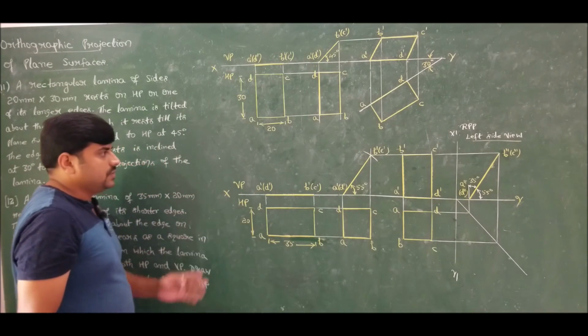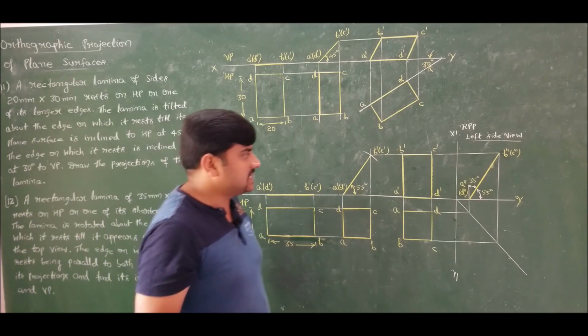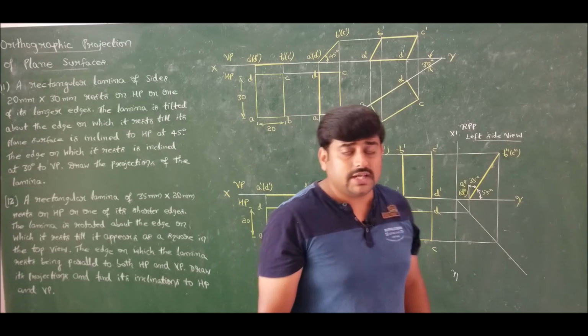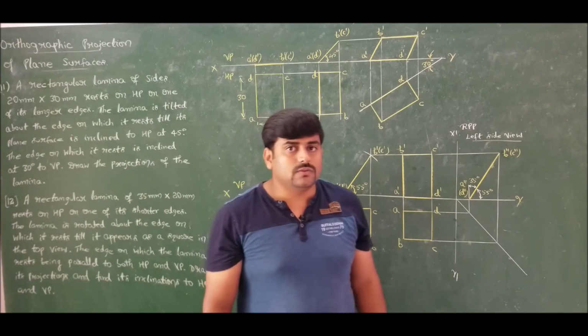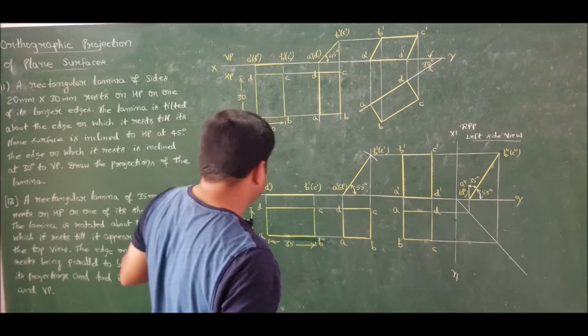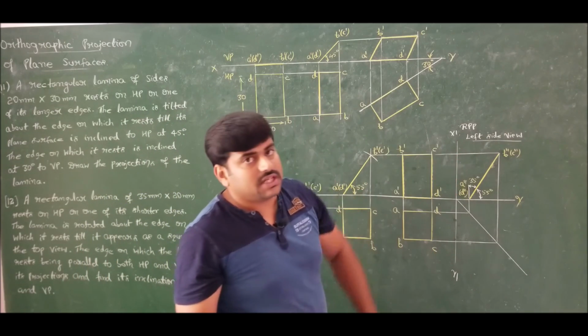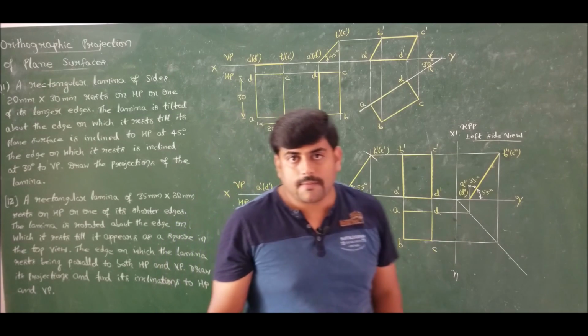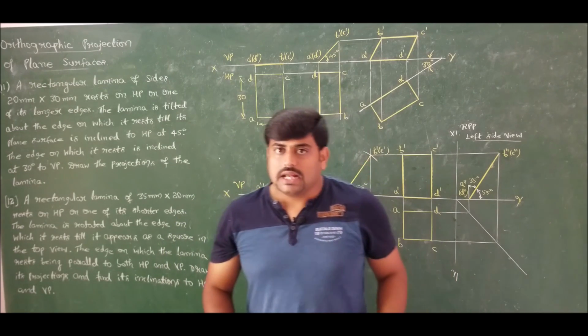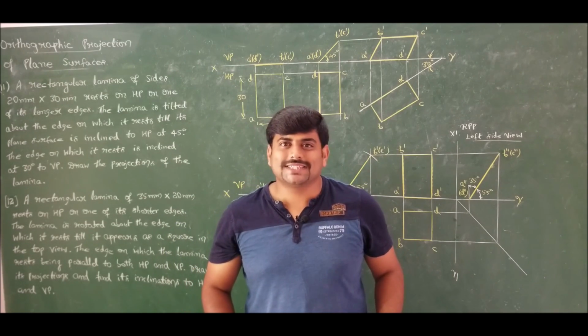So this is how you should solve when it is asked to calculate the inclinations with both HP and VP, which can be visualized if you draw the side view. Since we don't have space towards the left, I am going for the right profile plane, which gives us the left side view in first angle projection. So this is the solution for problem number 11 and 12. That's all from this lecture. Thank you all.